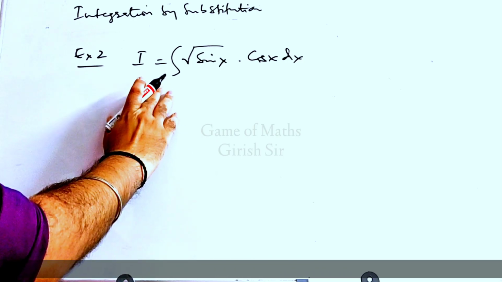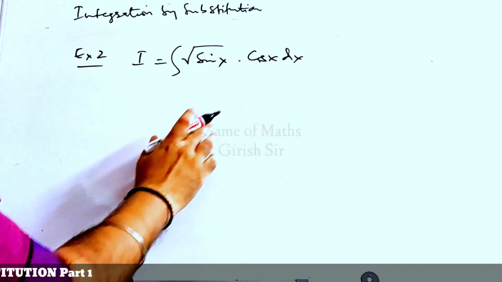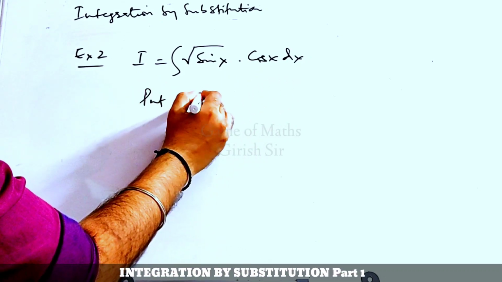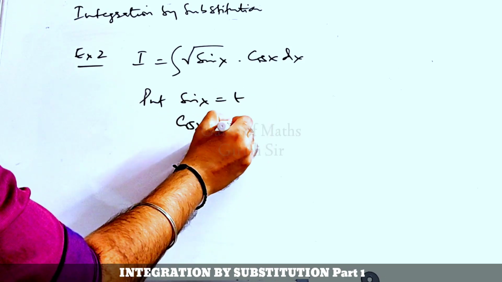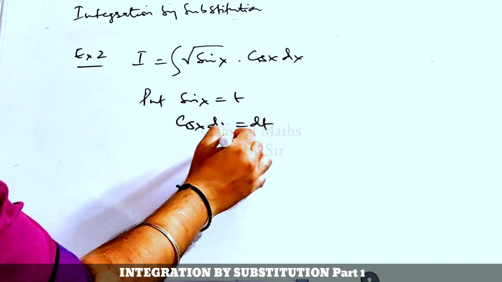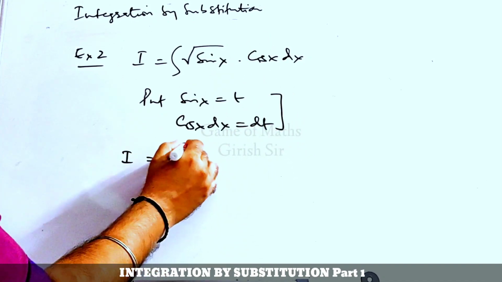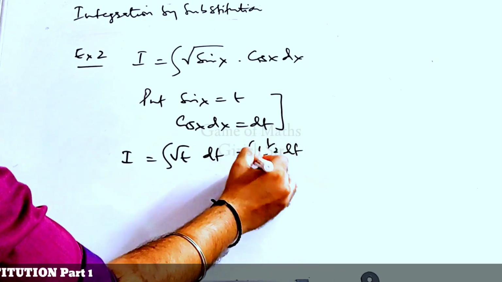Let's take another example. This integral is square root of sin x into cosine x dx. So here, if I put sin of x equal to t and differentiate both the sides, I'll get cos x dx equal to dt. Now we will make these substitutions in the original integral, which changes to this form, which I can write like this.